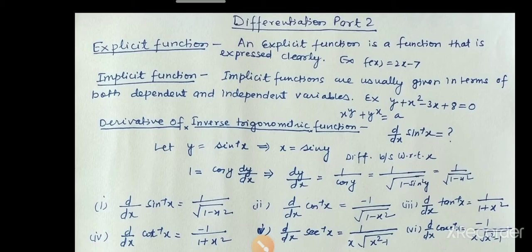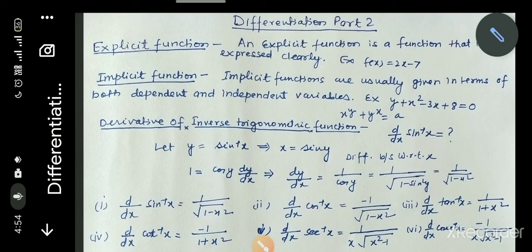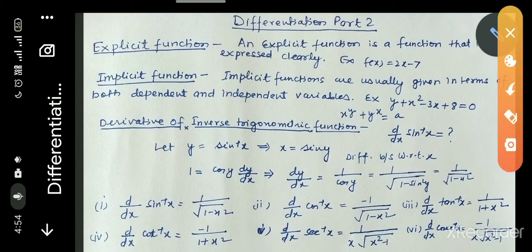First, we shall define what is an explicit function. Students, explicit functions are those which can be expressed clearly in terms of dependent and independent variable. Something like y is equal to f of x is an explicit function, and its example can be taken as y is equal to x square minus 3x.